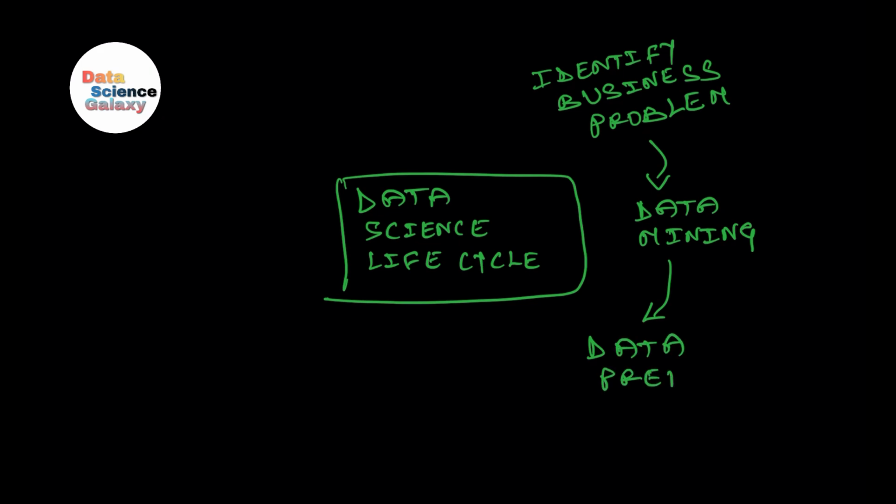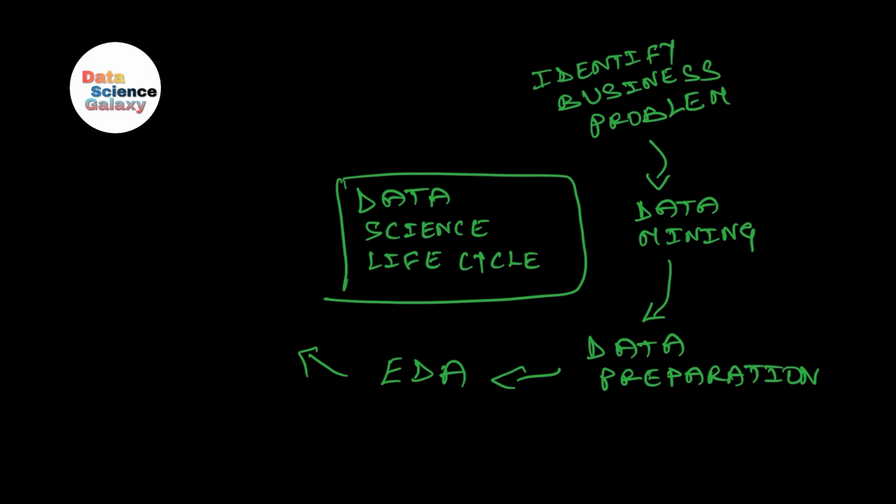We call that data munging. So that is the next logical step. Subsequently, you have to explore the data. We call that EDA for short, which stands for exploratory data analysis, where you will use a lot of summary statistics and visual analytics to explore the data to understand even more.